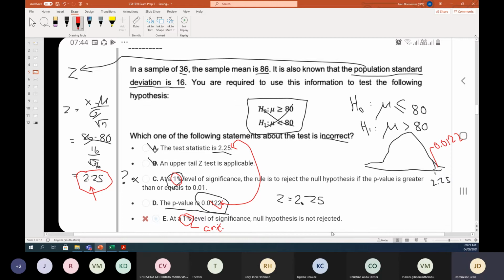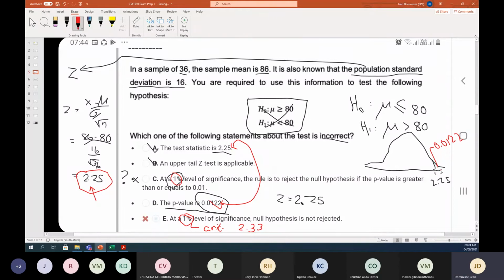Okay, and for 1%, we can basically use the confidence interval estimate study unit 8 table, where a 1% one tail, you must just see if I'm correct on this one, is 2.33.